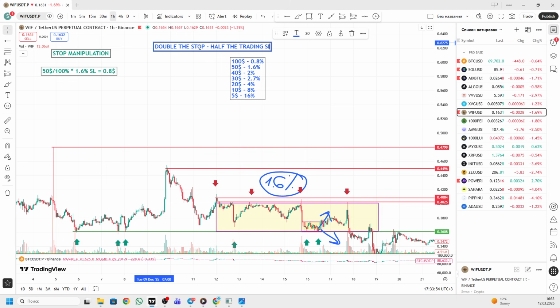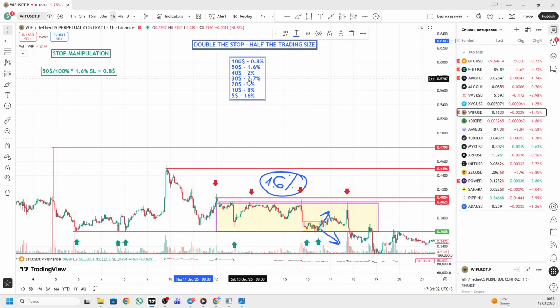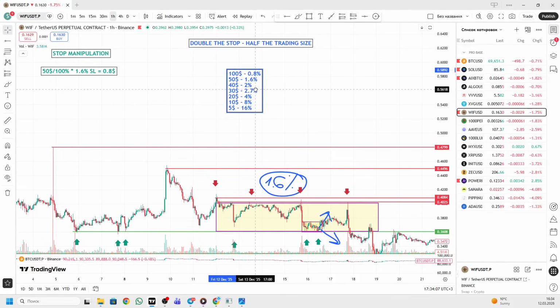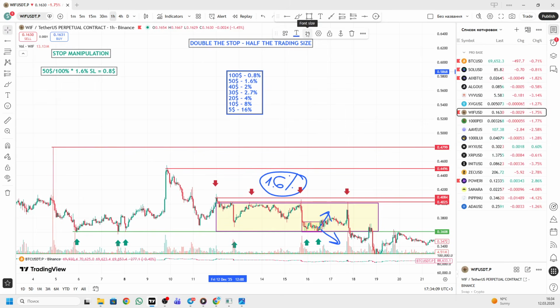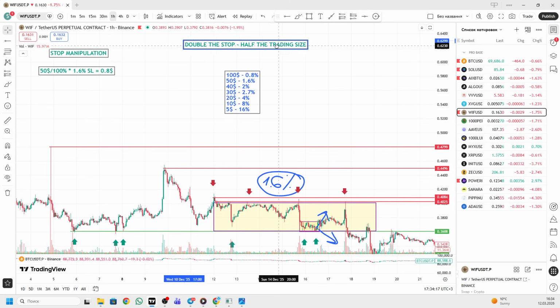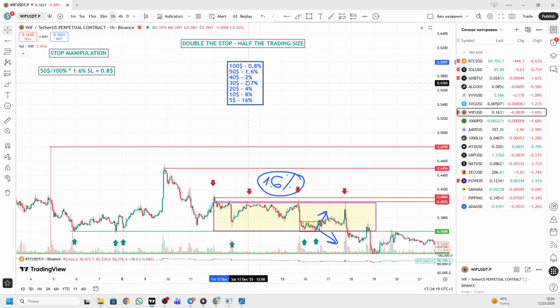I think everybody will understand what it means. Let's make it in green. Okay, so we have this table.